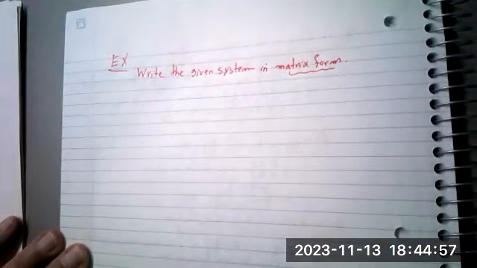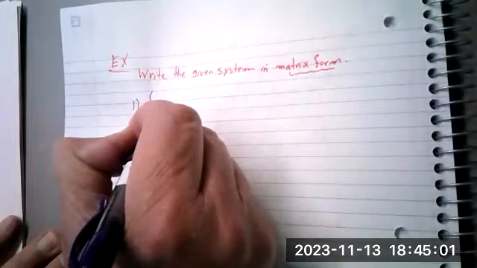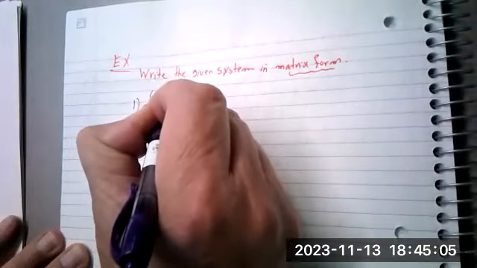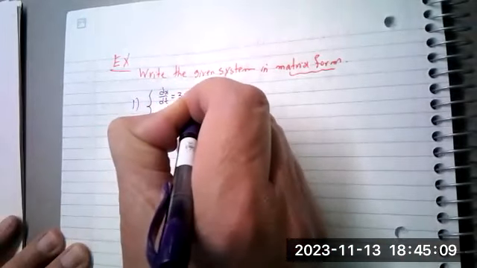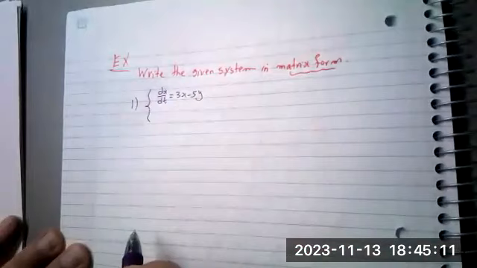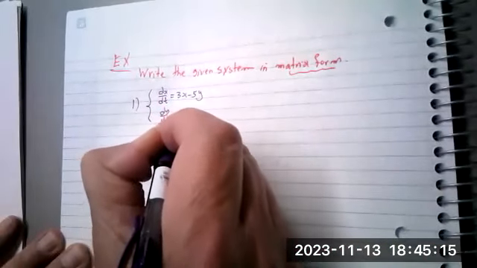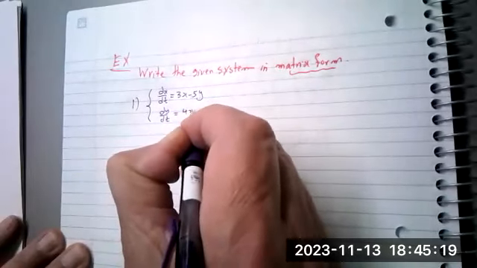This is the first one, the system that we have: dx/dt, or x prime, is equal to 3x minus 5y. And the second one, dy/dt, is equal to 4x plus 8y.